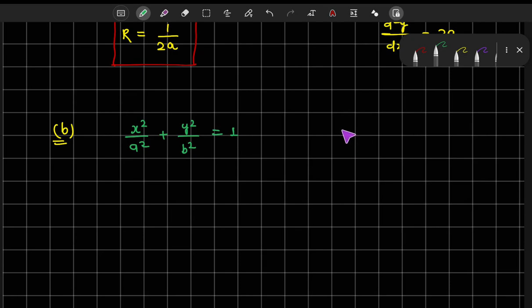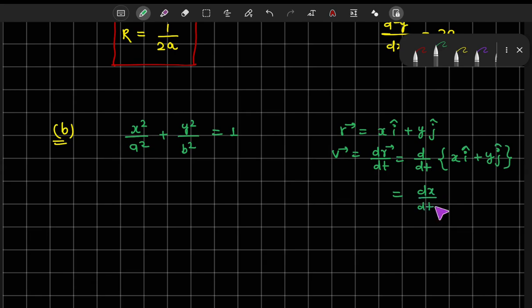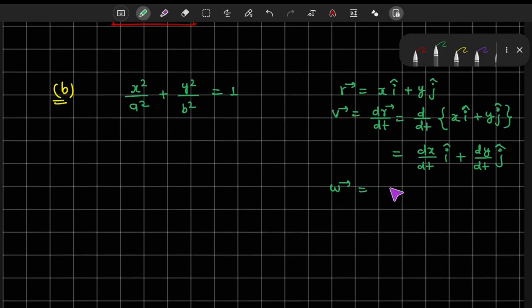We have the position vector x i cap plus y j cap and the velocity vector dr/dt, that is d/dt of (x i cap plus y j cap), equal to dx/dt i cap plus dy/dt j cap. And the acceleration vector we can write as d²x/dt² i cap plus d²y/dt² j cap.